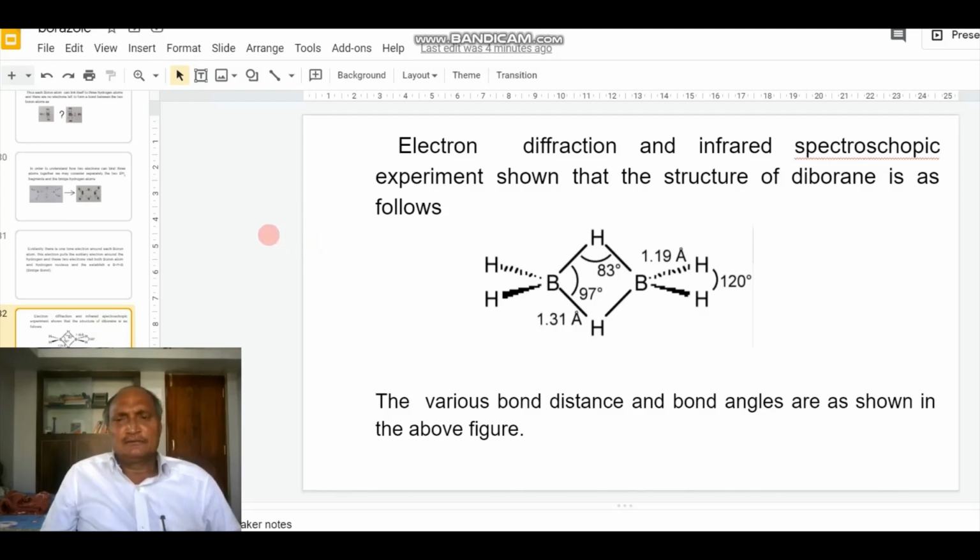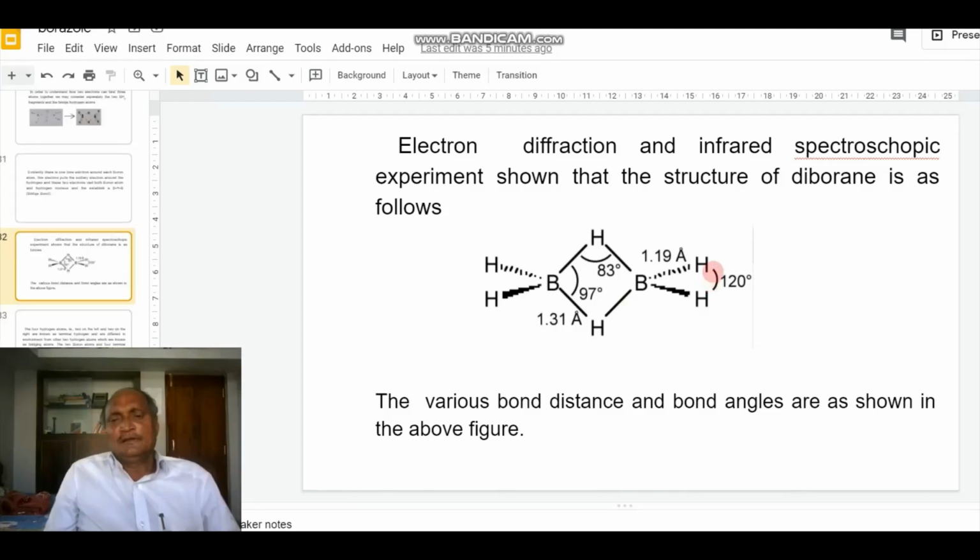Electron diffraction and infrared spectroscopic experiments have shown that the structure of diborane is as follows. The various bond distances and bond angles are as shown in the figure. The following structure indicates the structure of diborane, where 2 boron atoms are linked with 6 hydrogen atoms.